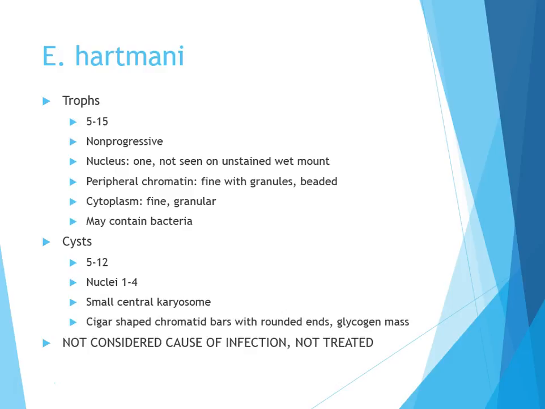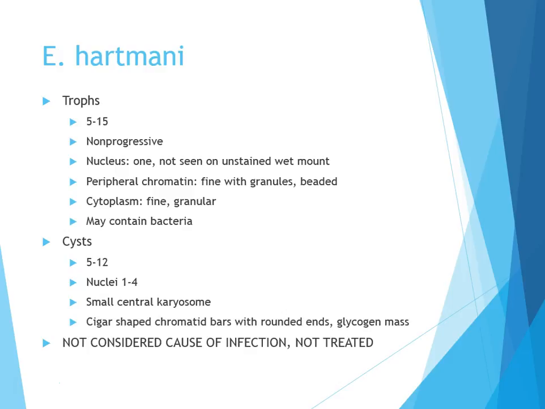There are no pictures of parasites in your color atlas, but if you want to look at pictures in your book, Entamoeba histolytica is on page 648, and there are some very good comparison charts in your textbook that would be worth your while to study.